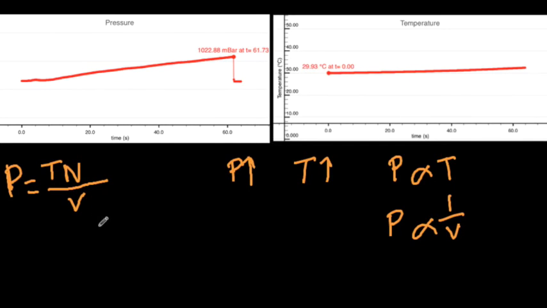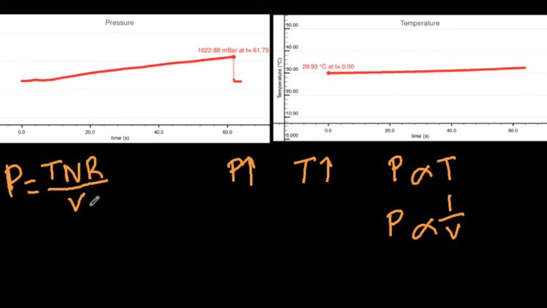So we'll call that N, and then we're going to multiply that by a constant, which will be R, which is the universal gas constant, and that number is there to help us with the conversions to get all of these converted in the right way. And so now we have this equation here: P equals T, temperature, times N, the number of moles, the amount of gas, times R, a constant, divided by volume.